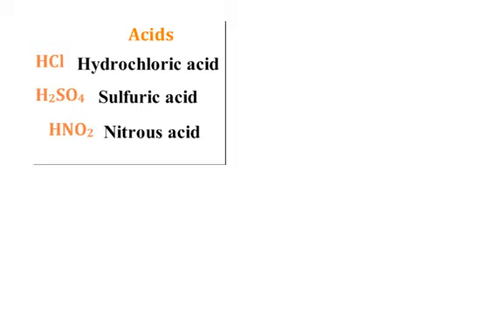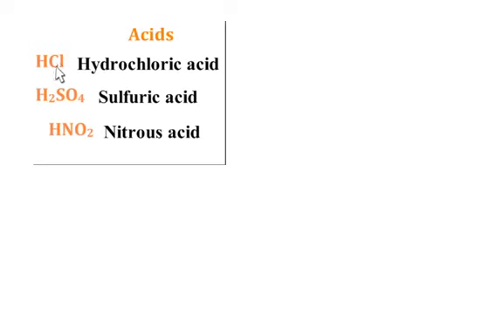The reason why naming acids is a little bit more complicated is because there are actually 3 sets of rules for acids to name them. What it depends on, like we said, an acid starts with an H, and then it has an anion bonded to that hydrogen.